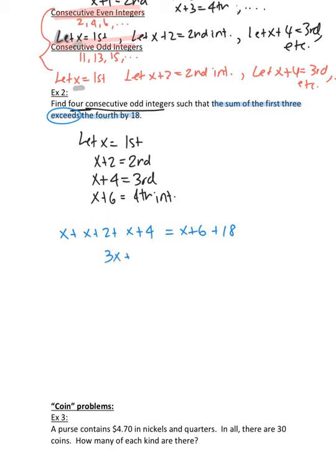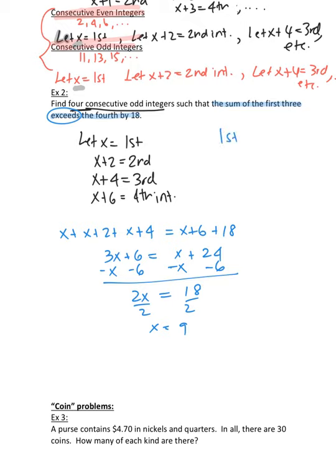I have 3x plus 6 equals x plus 24. I'm going to subtract x on both sides, and I will also subtract 6 on both sides. I have 2x equals 18, and x equals 9. So my first integer is 9, my second integer is 2 higher than that, it's 11, my third integer is 13, and my fourth integer is 15.